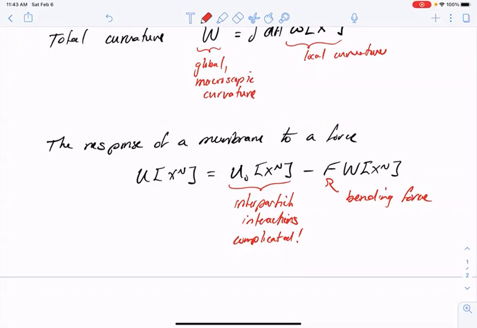So the description here is we're really interested in macroscopic quantities, how much global curvature is generated under the application of this force F of a membrane, which we acknowledge is composed of complicated molecules which interact in complicated ways.